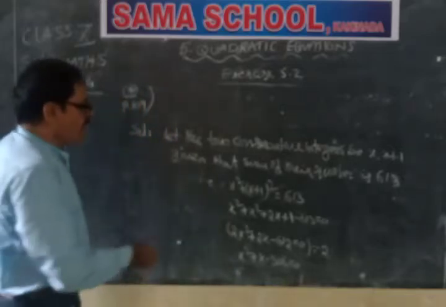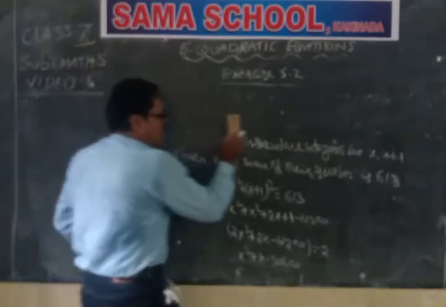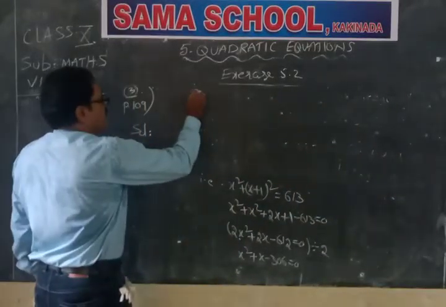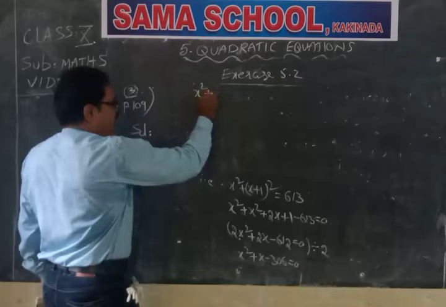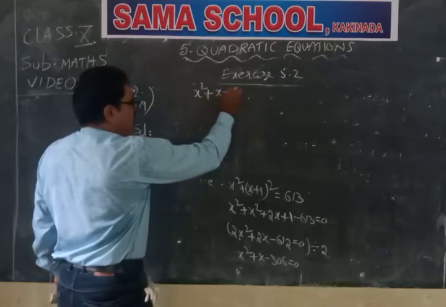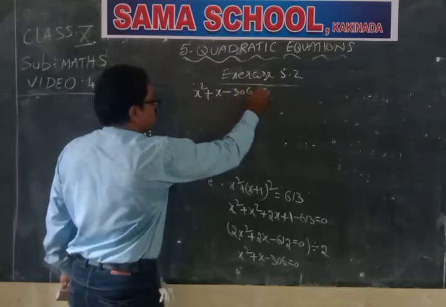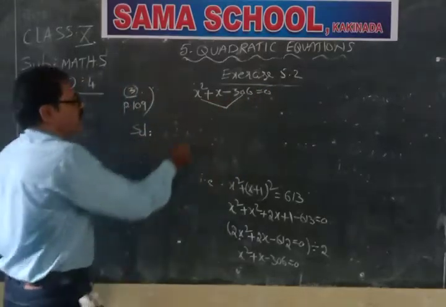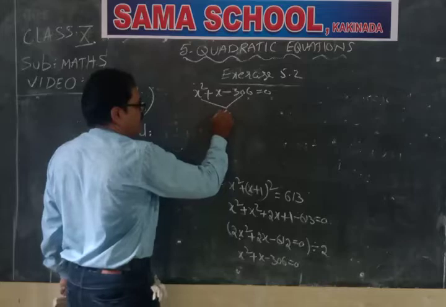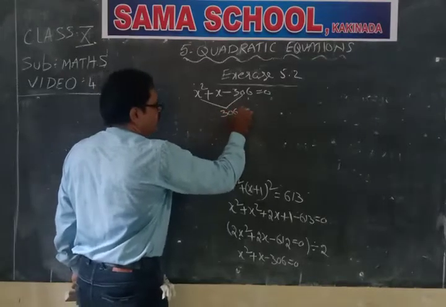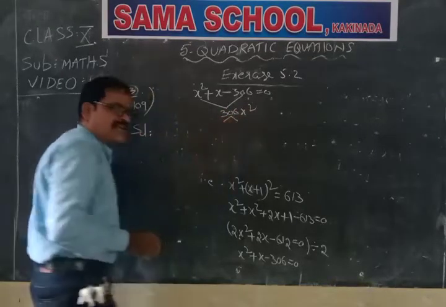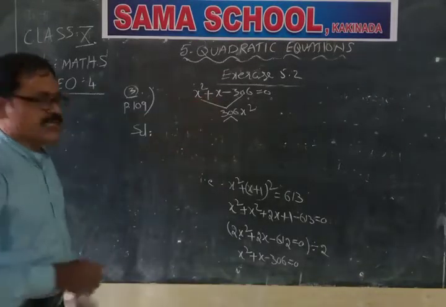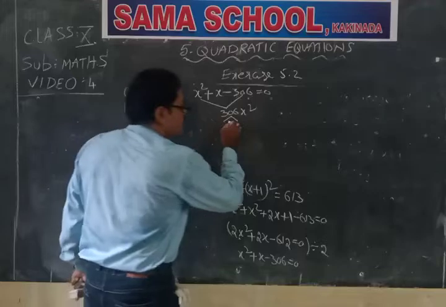See here, this equation can be solved like this. x square plus x minus 306 is equal to 0. By factorization method, multiply the first term and last term, 306 x square. This can be split into two terms so that the sum is plus 1x. How?